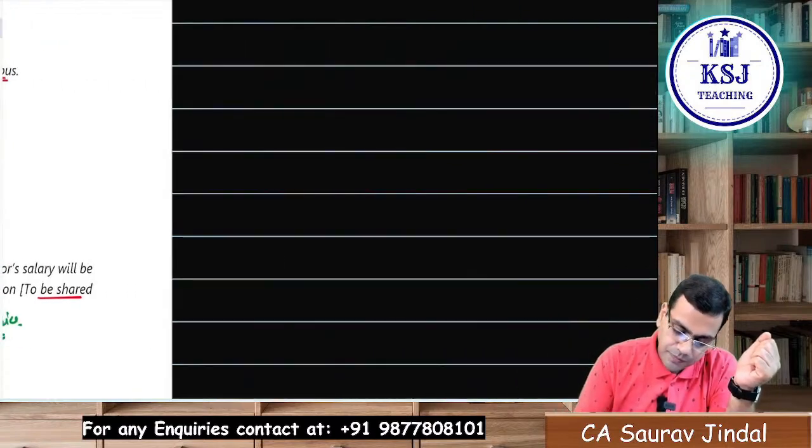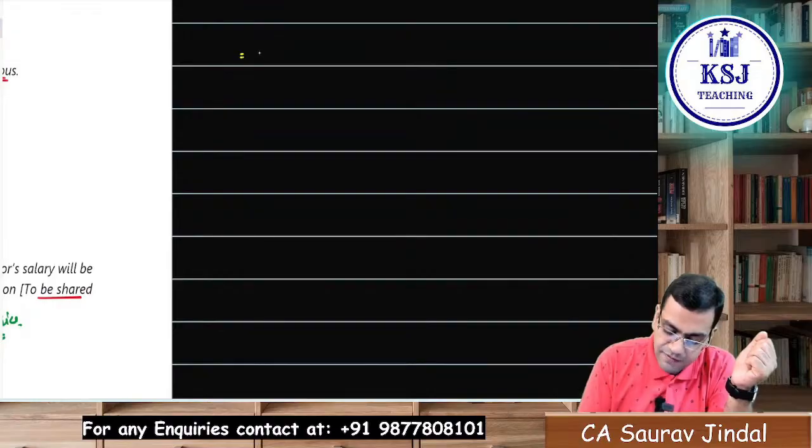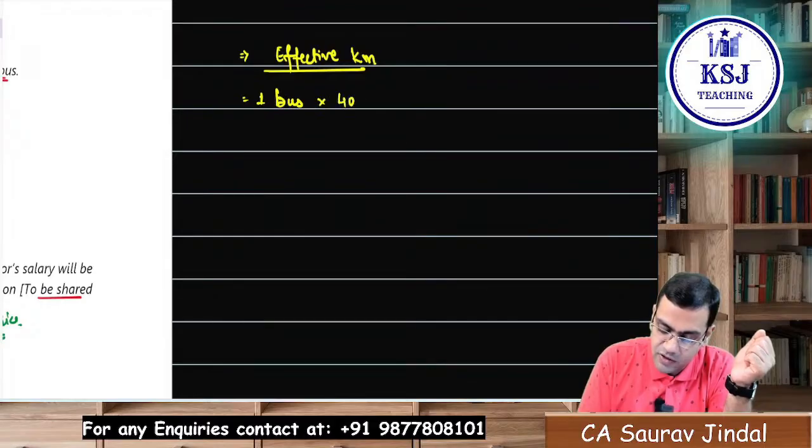So, in this particular question, the first thing we'll calculate is effective kilometers. What will be the effective kilometers, sir? How many buses are there? One bus. What is the distance that it will be traveling? That is 40 kilometers. How many times? 3 up and down.